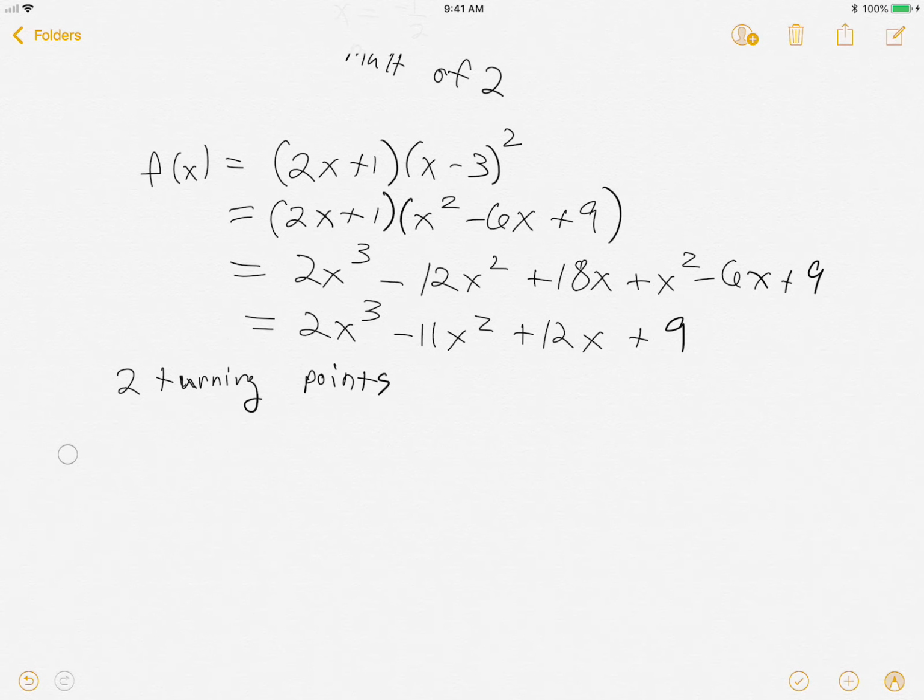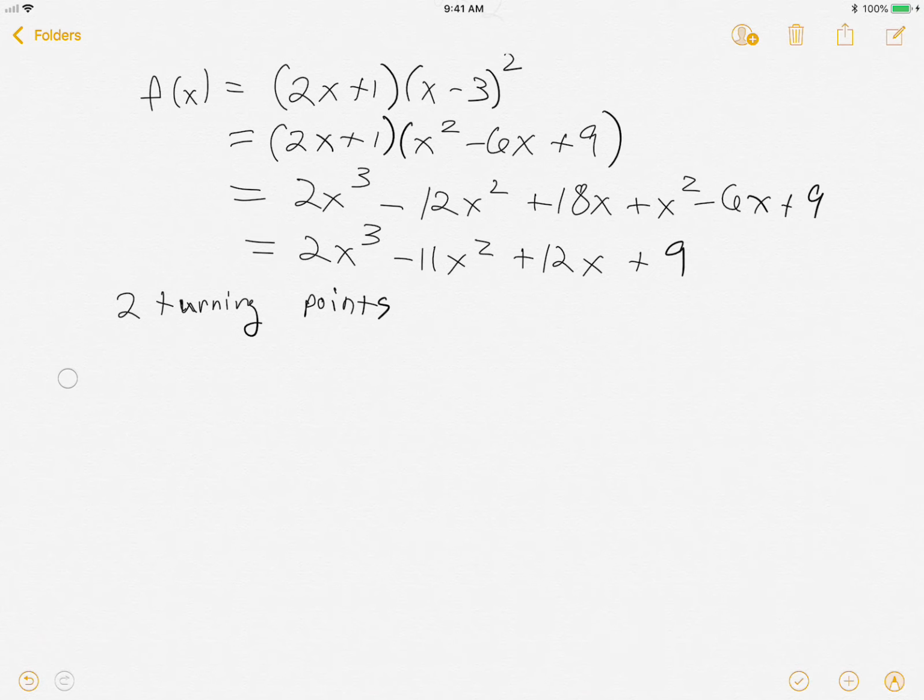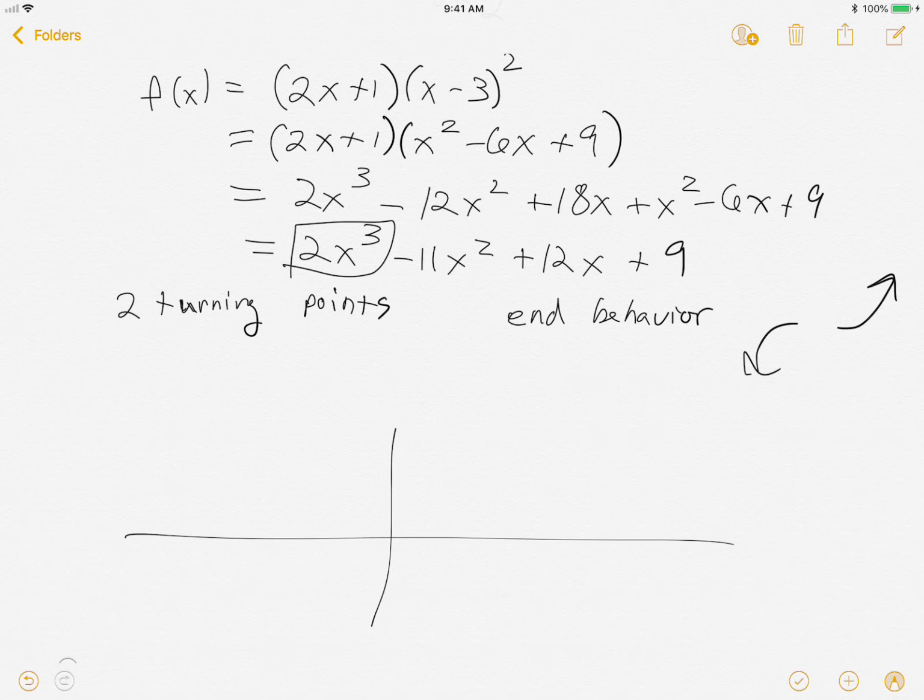And given our little table for end behavior, if we look at this guy, it's odd degree, positive lead coefficient, so the end behavior, looking back at our table, looks like this. So let's graph it. We're at negative 1/2 and 3.